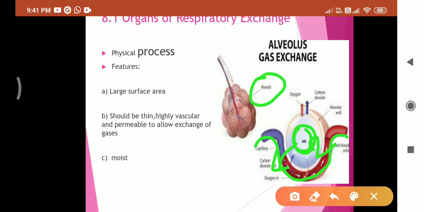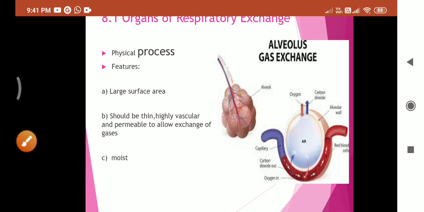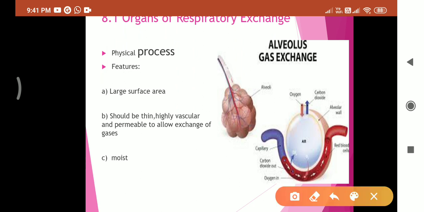So the blood mixes with the oxygen, and then this oxygenated blood is supplied all over the body for the oxidation of food and liberating energy. That's why all the respiratory organs should have these features.